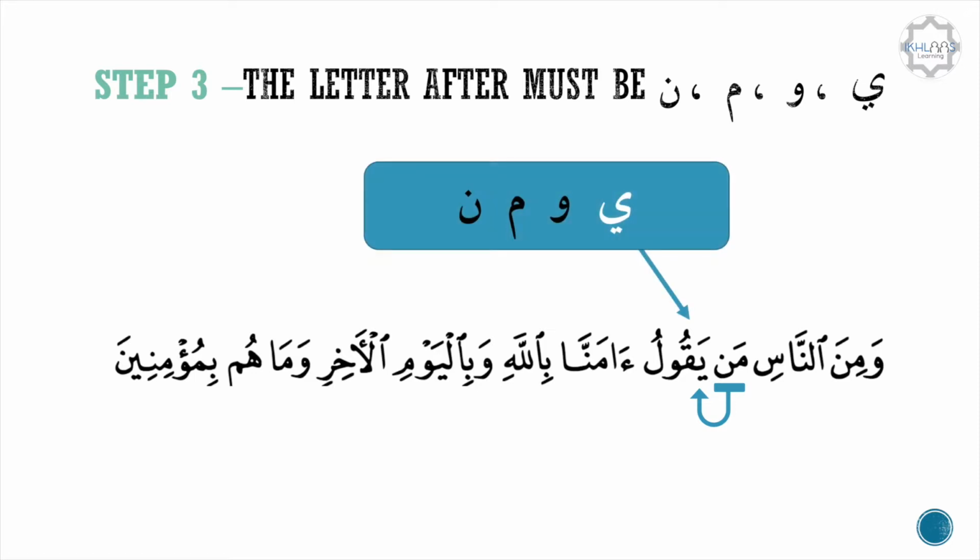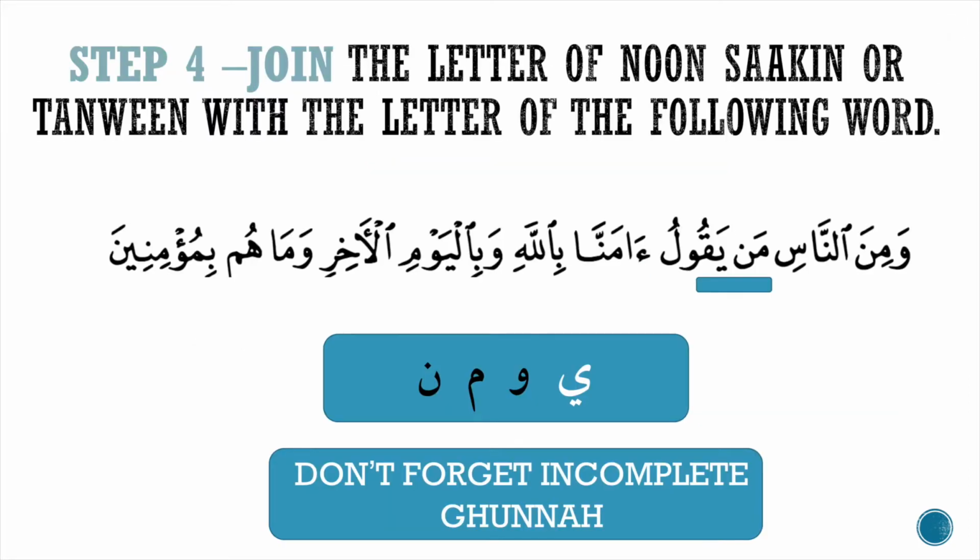And here we can see that the letter is Ya. Step 4. Join the letter of the Noon Saakin or Tanween with the letter of the following word. So, man yaqulu. Don't forget this is incomplete ghunnah. And the easy way to remember incomplete ghunnah is you will see there will be no shadda sign on the letter.